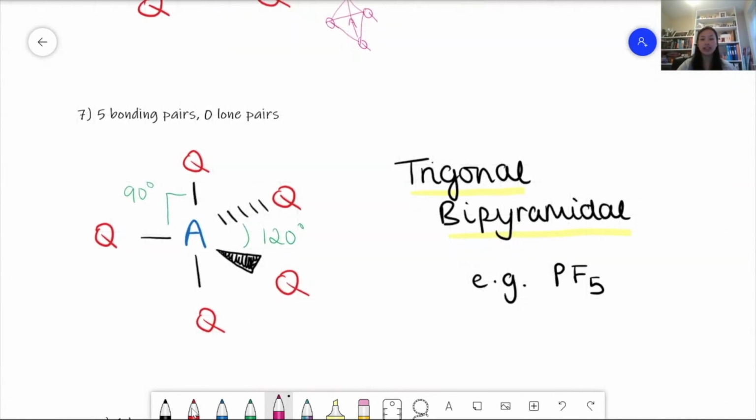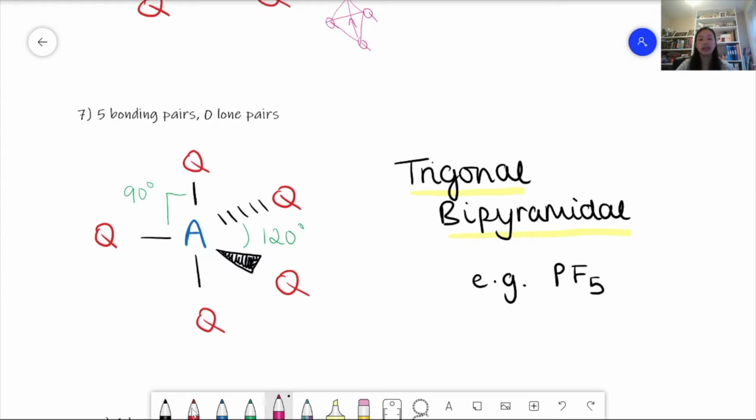The next one we're going to look at is 5 bonding pairs and 0 lone pairs. So what this looks like is basically 2 triangular pyramids stacked on top of each other. So you have one upside down and the other one upright.